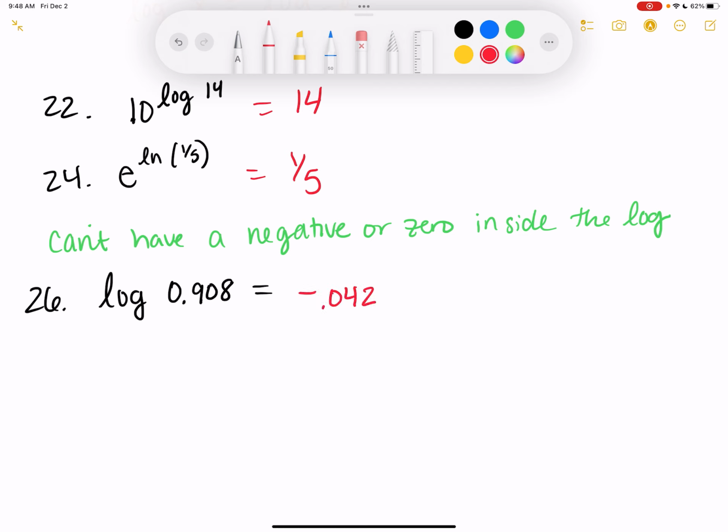The negative in the answer is fine, it just can't exist inside the log. If it exists inside the log, it's undefined. So, like this one, the log of negative 5.14, you would just say is undefined, because of this rule that's up here.